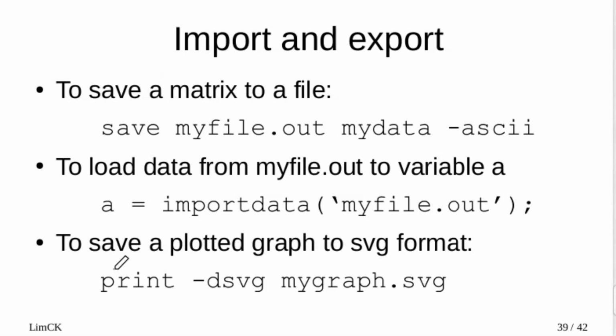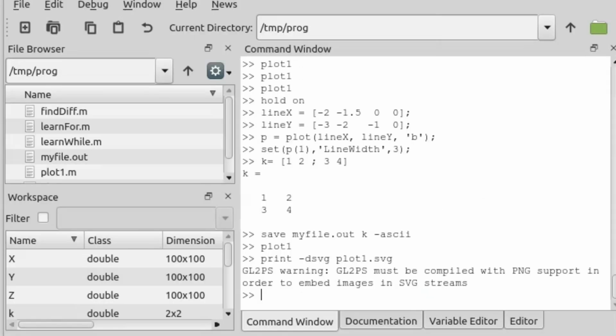To JPG, and of course this one to dash djpg. If you have the library installed in your computer, you should be able to save it. Let me try djpg, plot JPG.